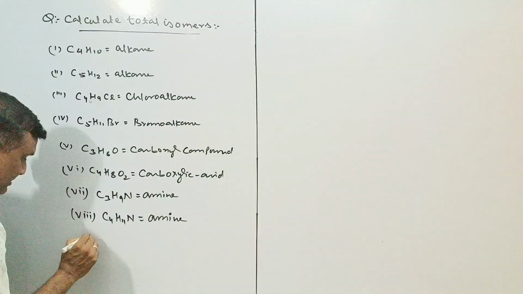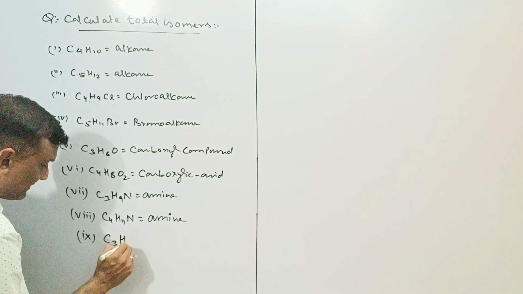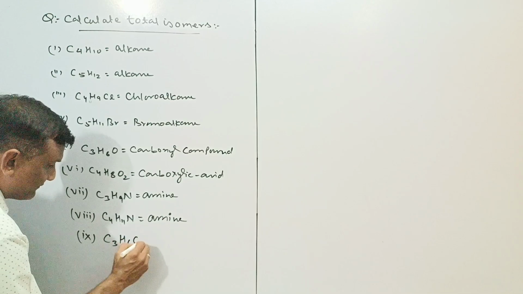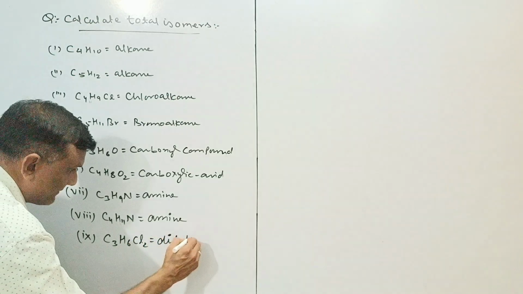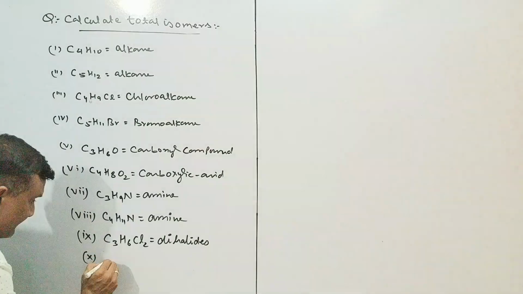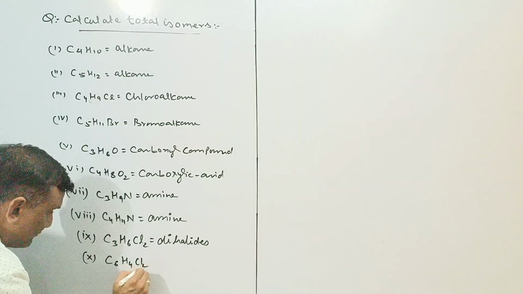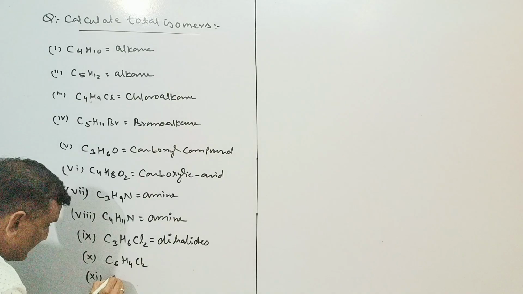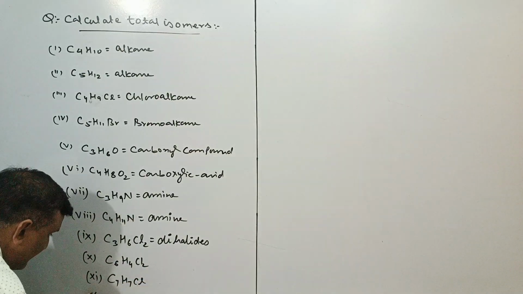We'll take the ninth question, C3H6Cl2. These are dihalides. The 10th compound is C6H4Cl2. The 11th compound is C7H7Cl.